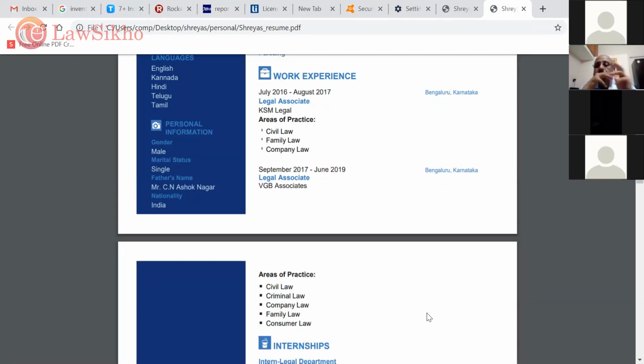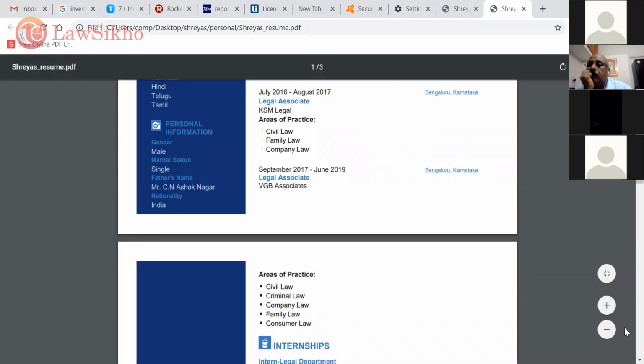See, the work you do in 16 to 17 and 17 to 19, if it's the same work, then say you did the same work. But if it's different work, I see that company law, consumer law was unique to VGB Associates, right? Yes. And you need to go in descending order of priority, from the most recent to the less recent. Right? Yes.